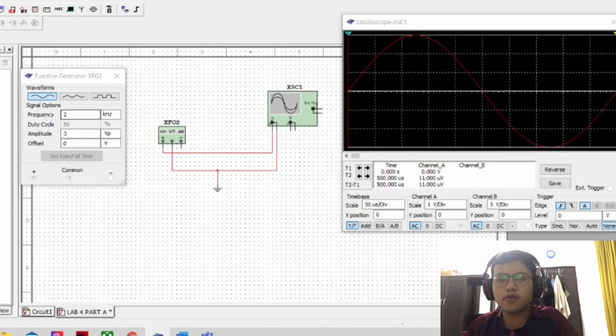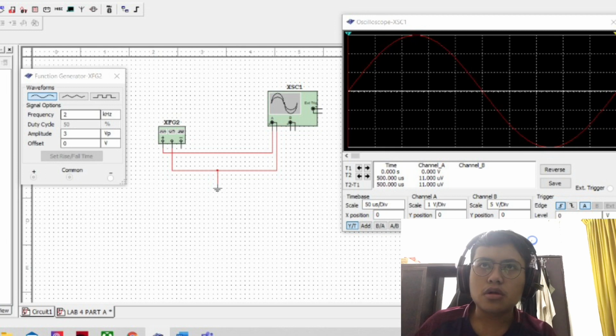After we get the boxes, we need to multiply with the time base. In the Multisim, the time base is 50 microseconds. After we multiply the time base and the divisions, we get 500 microseconds.